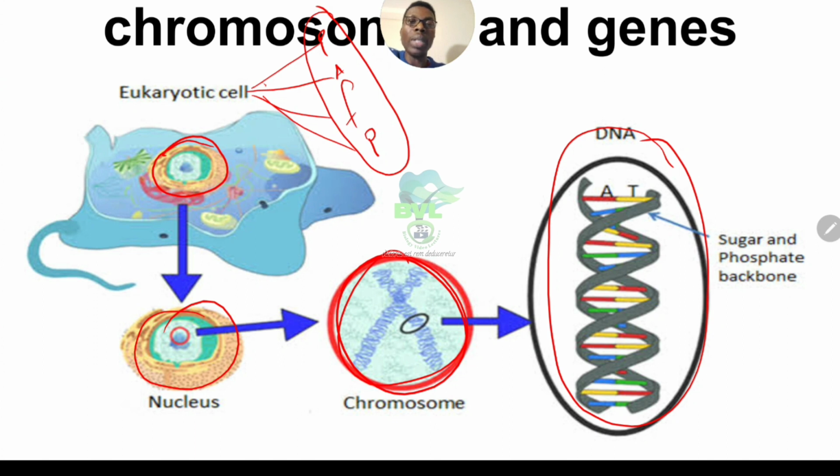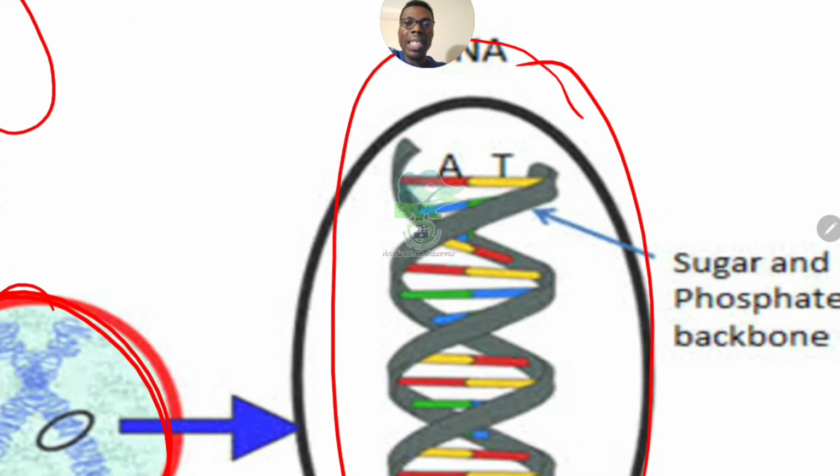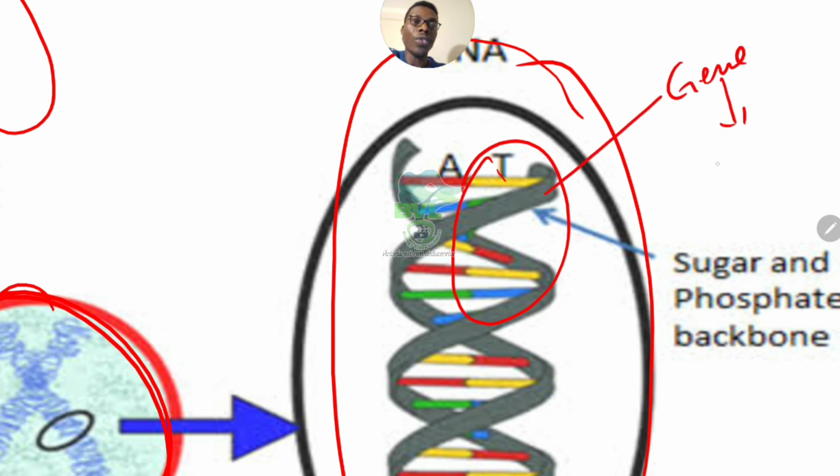Now, let's go a bit deeper. A segment of your DNA is called a gene, which codes for an amino acid. When you put the amino acids together, it forms a protein. And when that protein is formed, it controls a trait or say character, as the case may be.